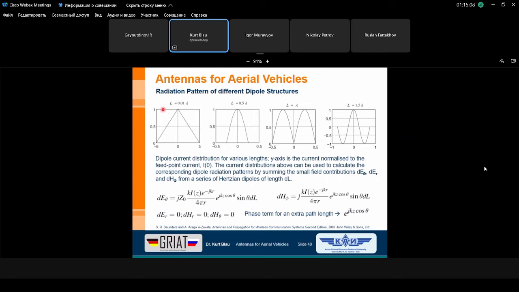Okay. And now in the next case, we assume that the length of the dipole is a half wavelength. And you can see here also that at the beginning, the starting point of the dipole, the current must be zero. And this is shown here.